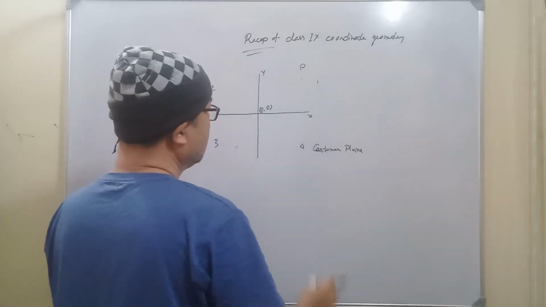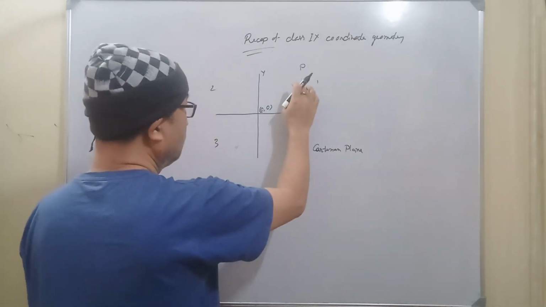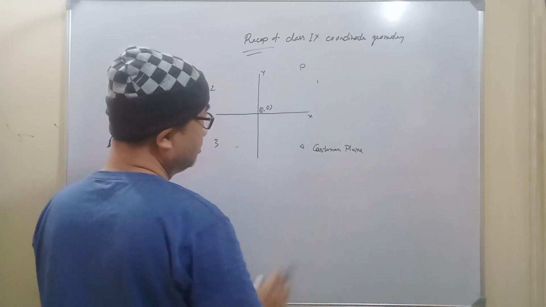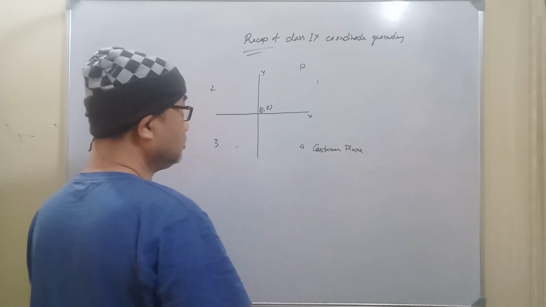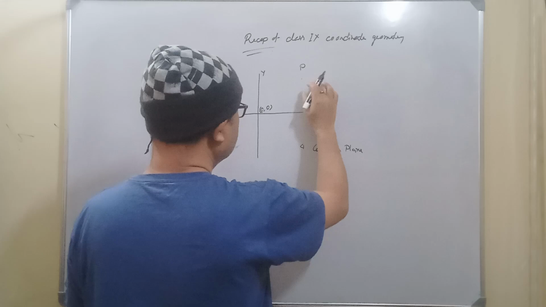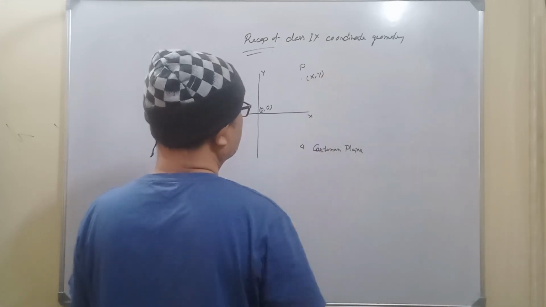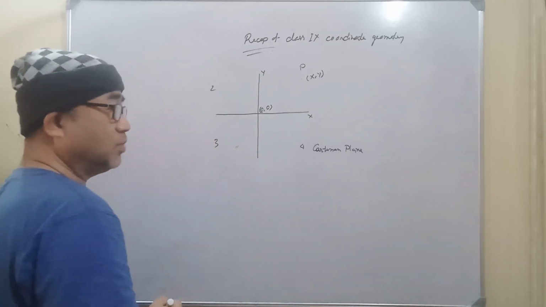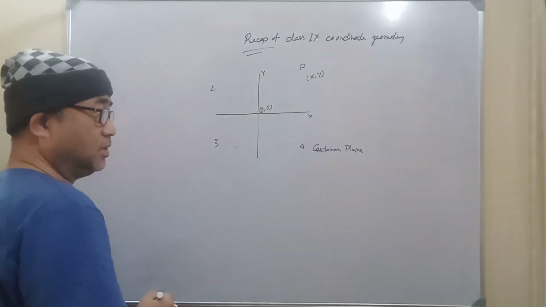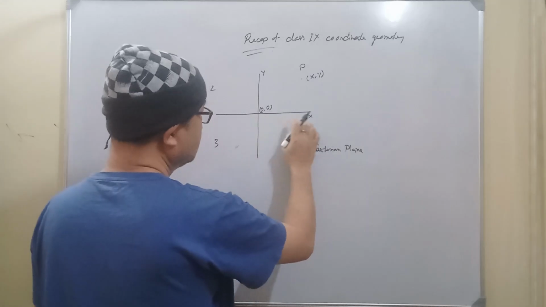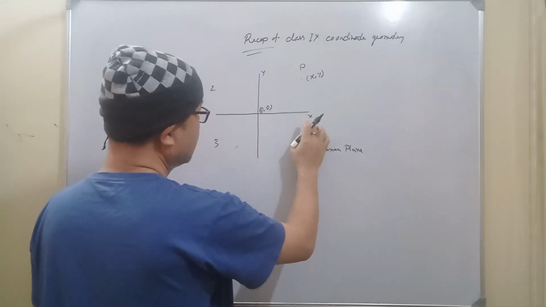Okay. Now, location of a point on the Cartesian plane is denoted by a pair of ordered numbers x and y. Don't confuse with the axis. It is x-axis and y-axis.